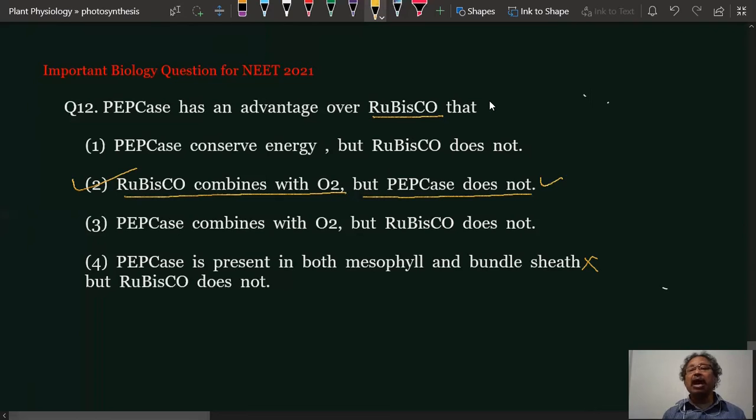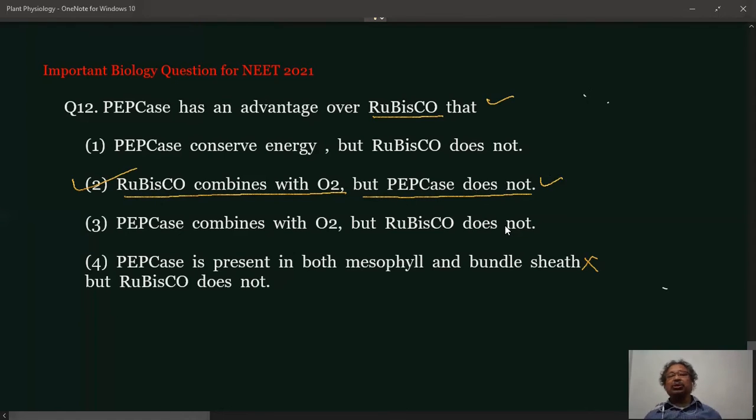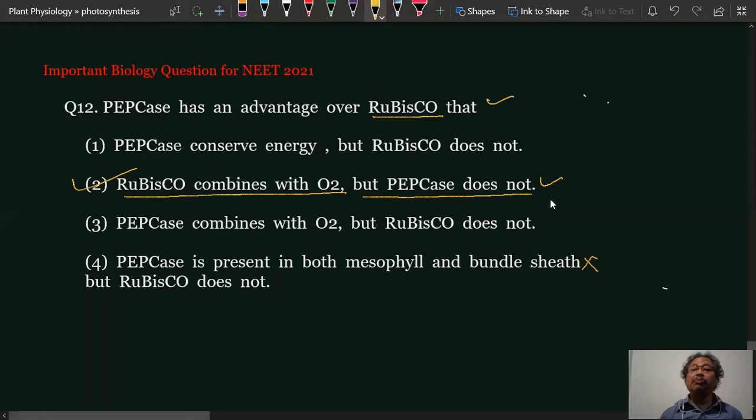And due to that, the efficiency of photosynthesis is decreased. But due to presence of PEP carboxylase in the C4 plant, which never functions as oxygenase, it always helps to absorb carbon dioxide, and so the efficiency of photosynthesis increases.